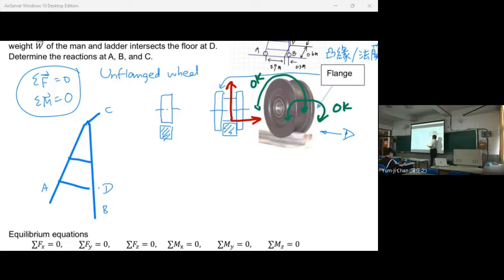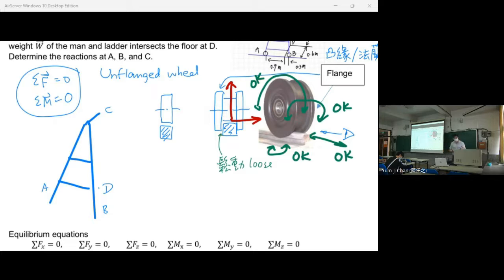The wheel is a bit loose here, so we think we can rotate a bit here. And of course this wheel can move in this direction. So the only two directions that we cannot move are in this direction and this direction. So we have two forces here.